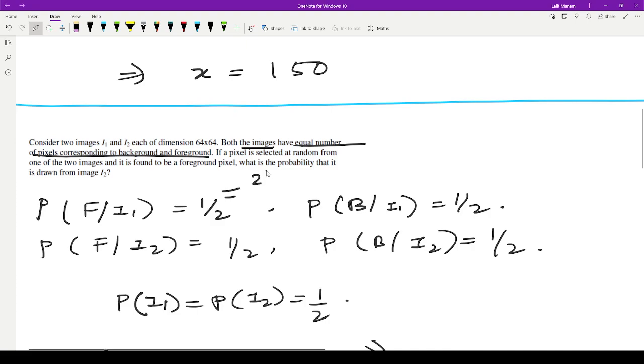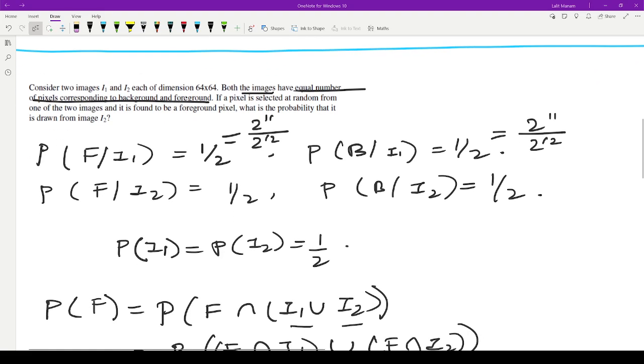So for each of these you can write it in this way. This is obtained by 2 to the power 11 pixels of foreground divided by the total number of pixels in image 1. The same thing applies here: 2 to the power 11 pixels for the background in image 1 upon 2 to the power 12 pixels, the total number of pixels in image 1. Same principle applies for image 2.